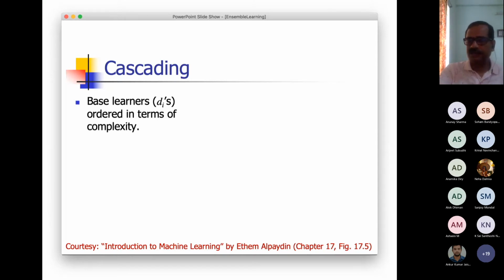We are always guided by the parsimony principle that we have already considered: you should always prefer a simpler classifier.